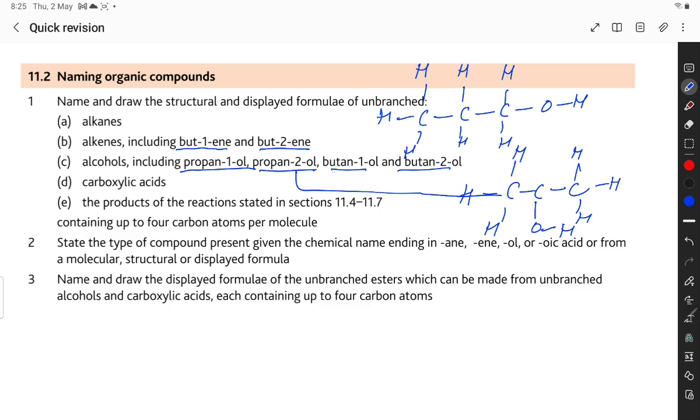This is propan-1-ol. Hopefully you understand.